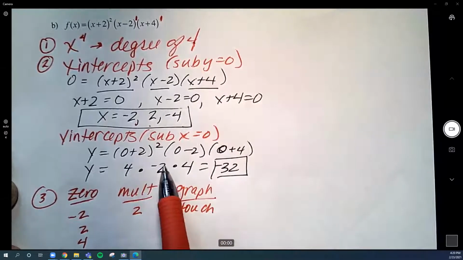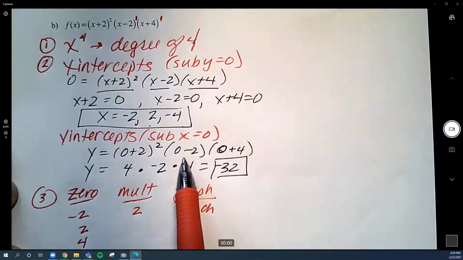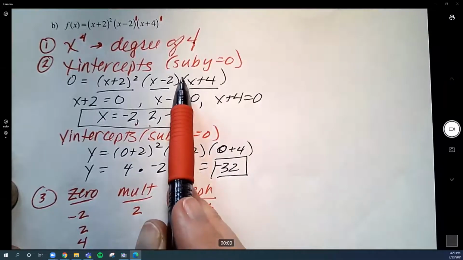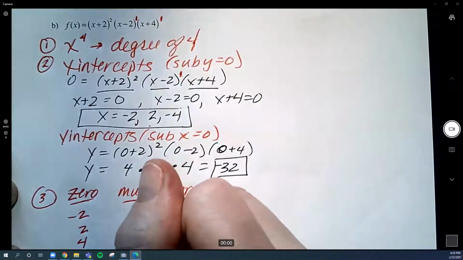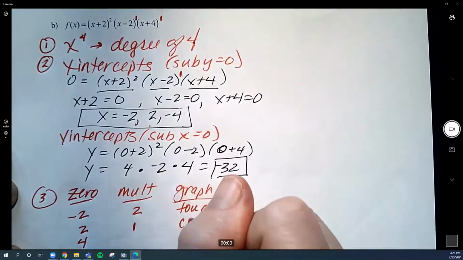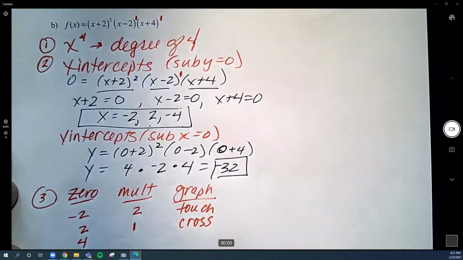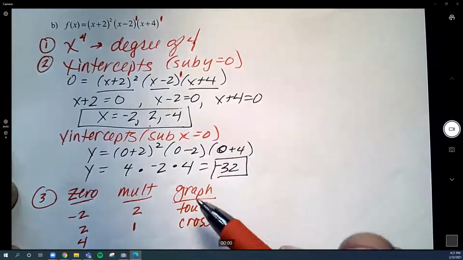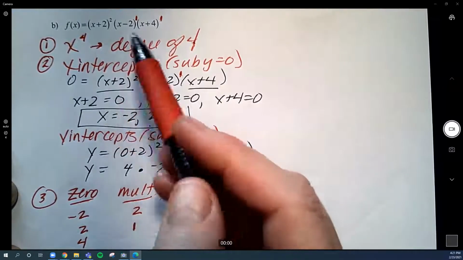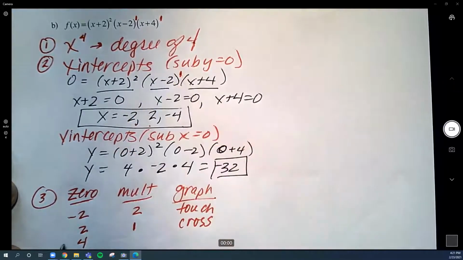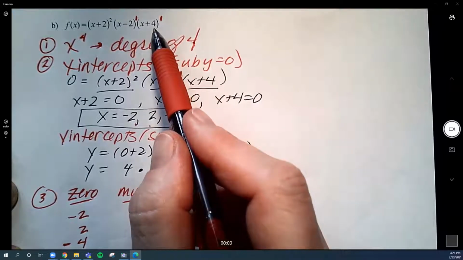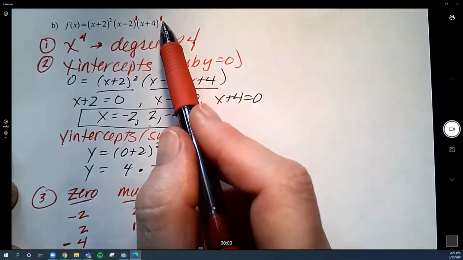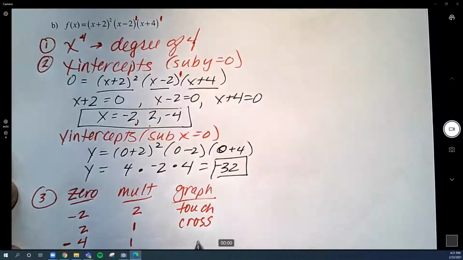At the 0 of 2, it has a 1 for its multiplicity, which is odd, therefore it will cross through to the other side. And finally, the 0 of 4, oh, excuse me, that should be -4, shouldn't it? The 0 of -4 should have a multiplicity of 1, and therefore it is odd, which means it will also cross through.